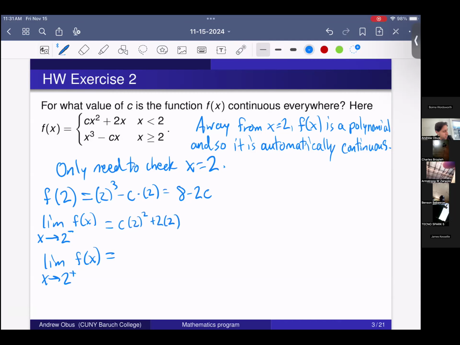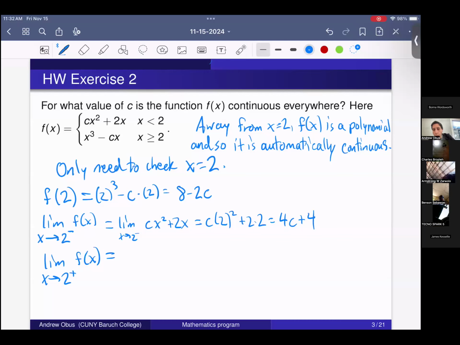Maybe I'll add one extra step. Let me say this is equal to the limit as x approaches 2 minus of cx squared plus 2x. We use this expression for when x is less than 2, because that's what's going on when x is approaching 2 from the minus side. This is c times 2 squared plus 2 times 2, which is equal to 4c plus 4.